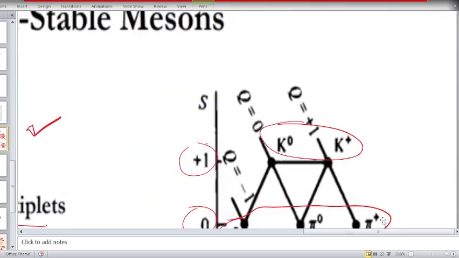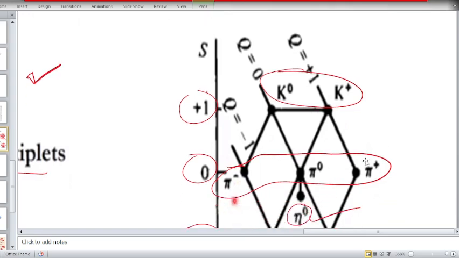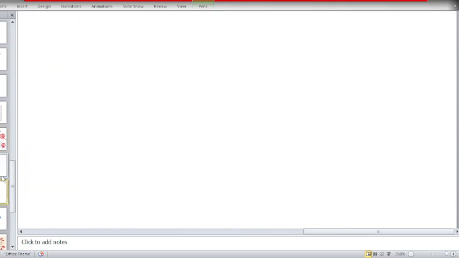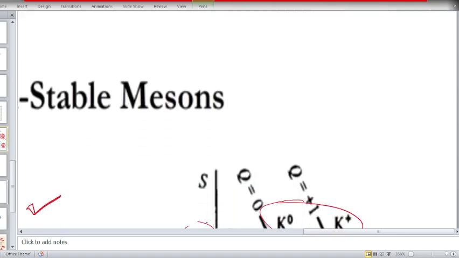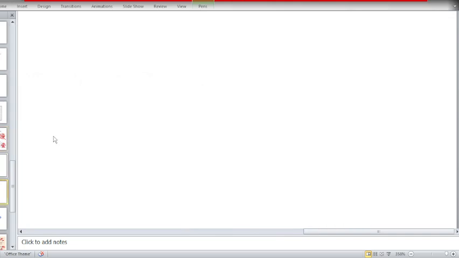You can see the spin is equal to 0 here, for the octet of semi-stable mesons, and there you have pi. So for the pi meson, spin is 0.